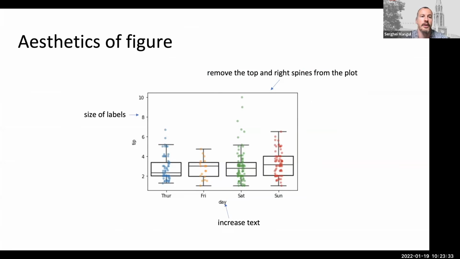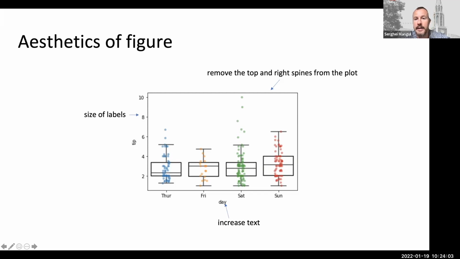It will not change your results or the way you present them, but it will look better. A few important things: the size of the text. In this case, we say day and tip. Maybe we should increase that, it's a little bit small. The size of the labels, like 2, 4, 6, 8, 10, maybe we should increase those.